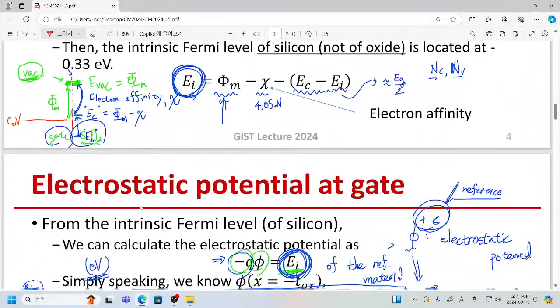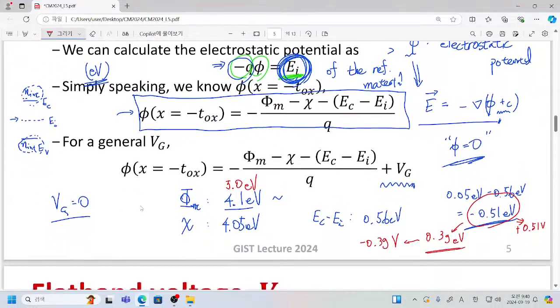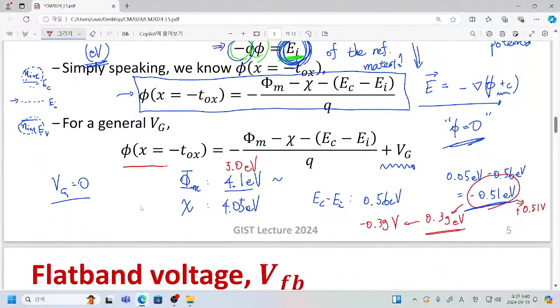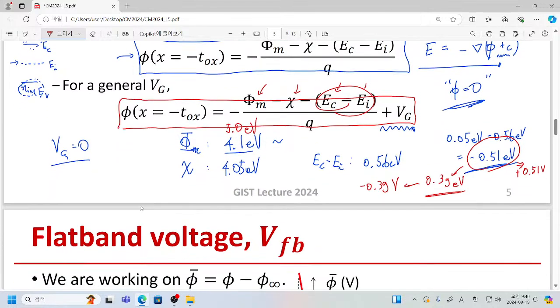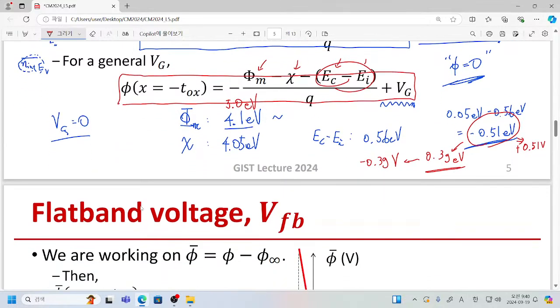Wow, we have to calculate this quantity. Of course, all of these quantities are known to us, so we can evaluate it. But anyhow, in your problem, those numbers should be given to you. Once you know those numbers, you can just fix that value.